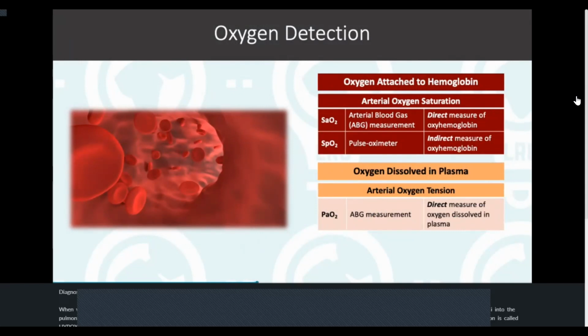When oxyhemoglobin is measured by arterial blood gas analysis, it is termed SaO2. When measured using pulse oximetry, it is termed SpO2. The small portion of oxygen that dissolves into the plasma creates an arterial oxygen tension or partial pressure, known as PaO2.